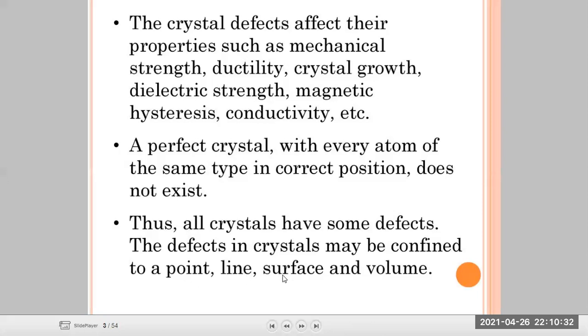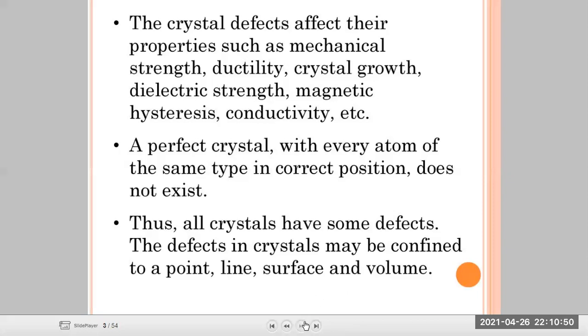Surface defect is the two-dimensional defect. We start with point defect, which is also known as zero-dimension defect. Line defect is also known as one-dimension defect, surface is two-dimension defect, and volume is three-dimension defect.